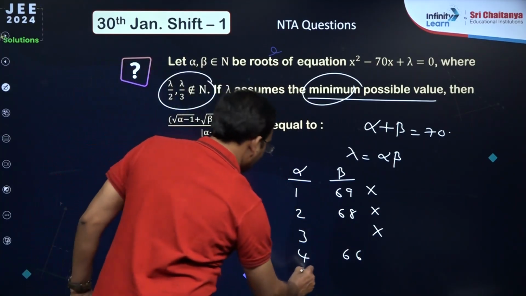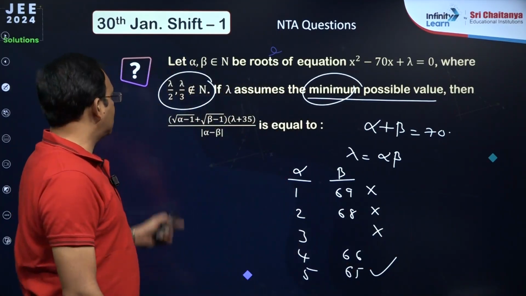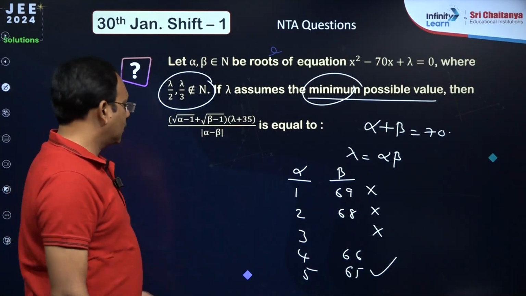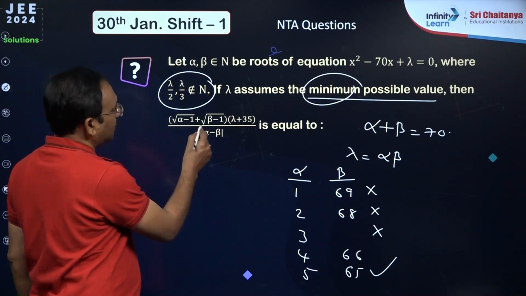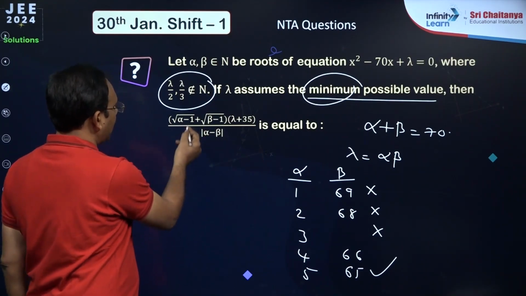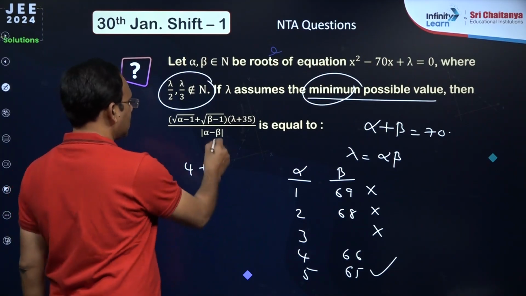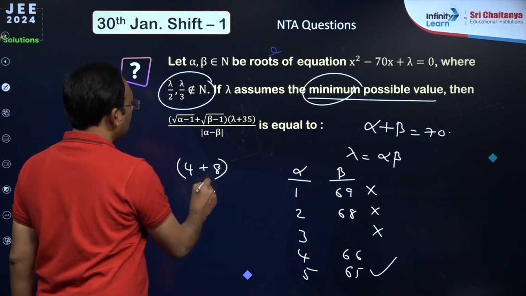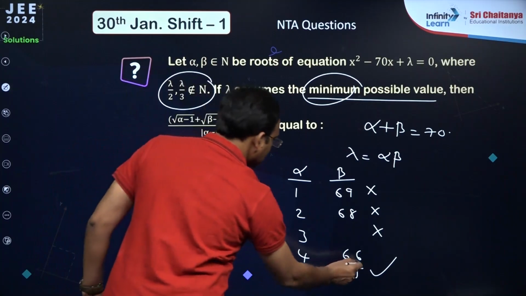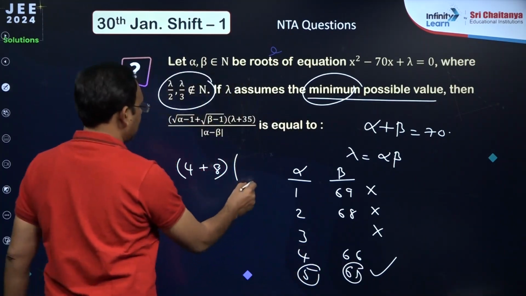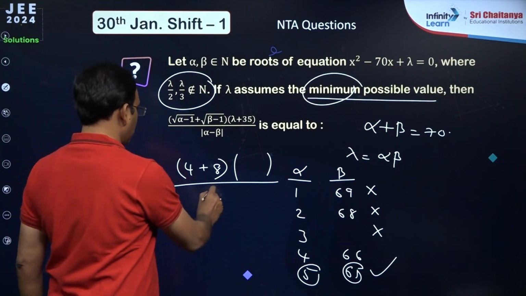So if you take, my dear friends, 5 and 65, it is fine, neither alpha nor beta is divisible by 2 or 3. So you can say alpha you can take 5, so 5 minus 1 is 4, beta 65, 65 minus 1 is 64, under root is 8 into lambda plus 35. Lambda is going to be 65 into 5 plus 35, you can write |alpha minus beta| is going to be 60.